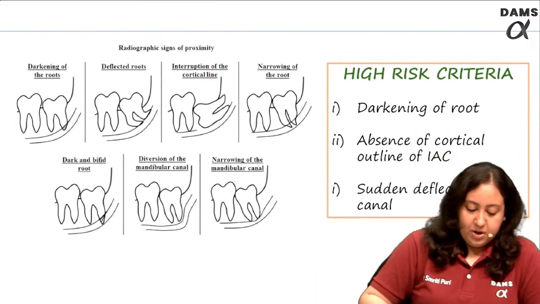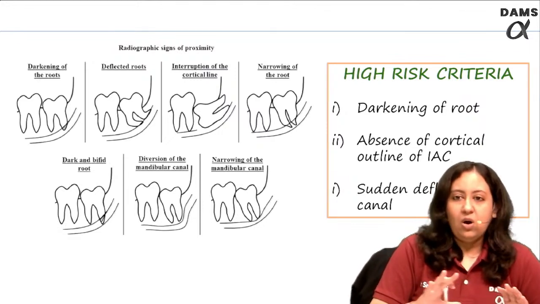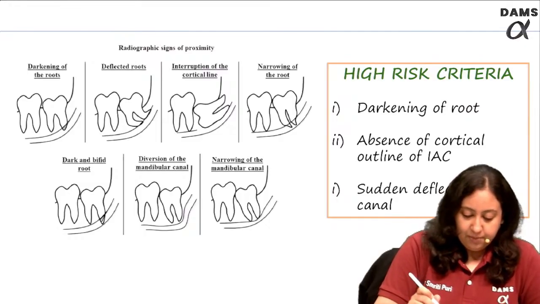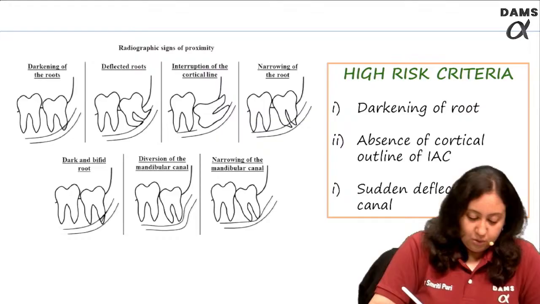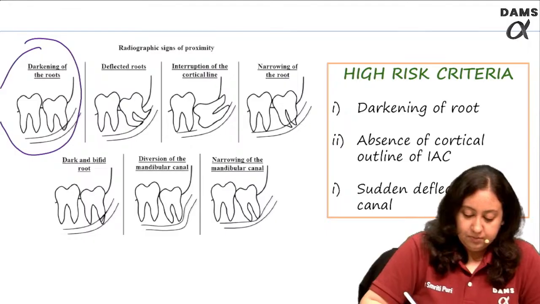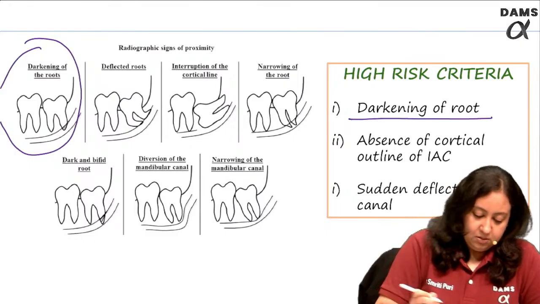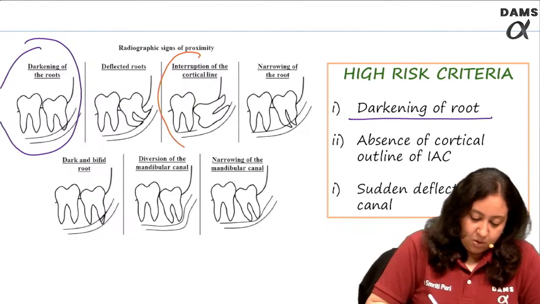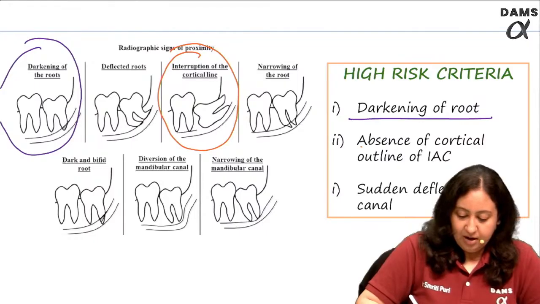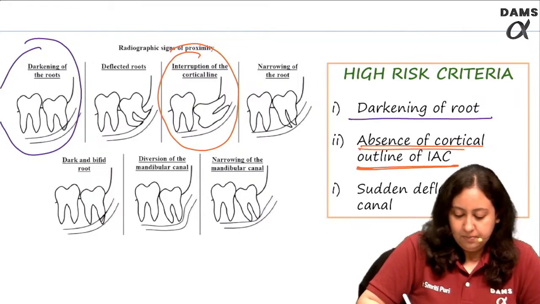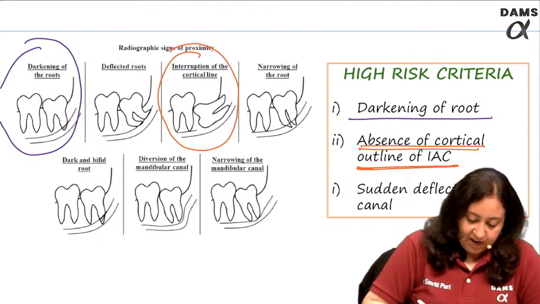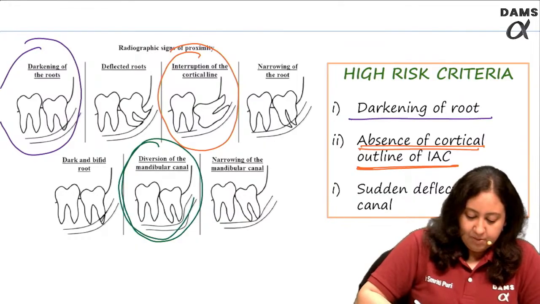Let us quickly see. We all are aware of Rood and Shehab criteria. Most important things that we need to remember now. So it says darkening of root, absence or blurring or interruption of cortical line of inferior alveolar canal, and sudden deflection or diversion of mandibular canal.